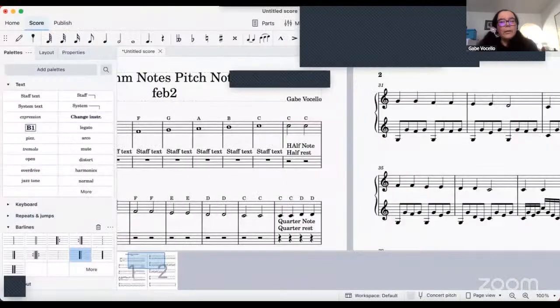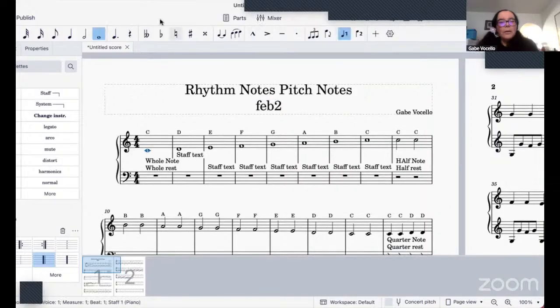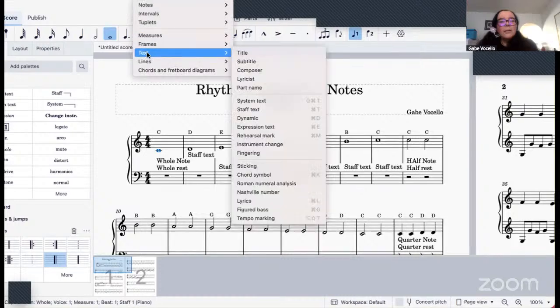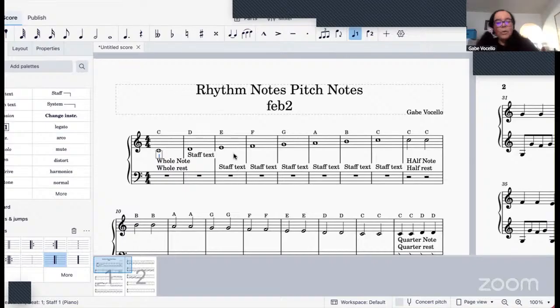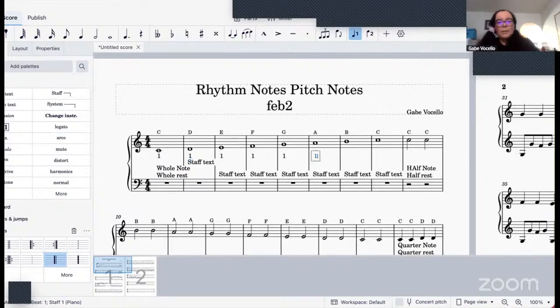So today we also spoke about the time signature. Let me share here. So each note: the whole note, the number is 1. Half note, the number is 2.